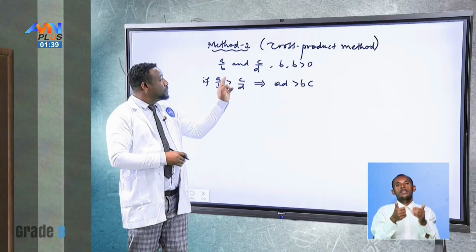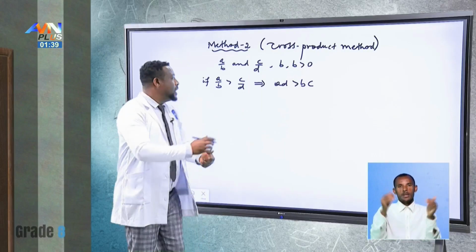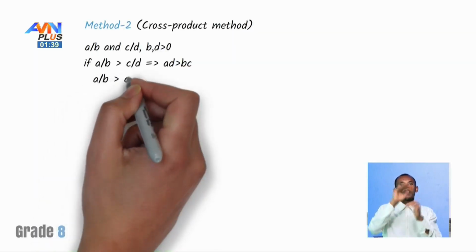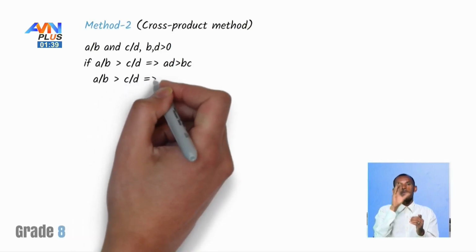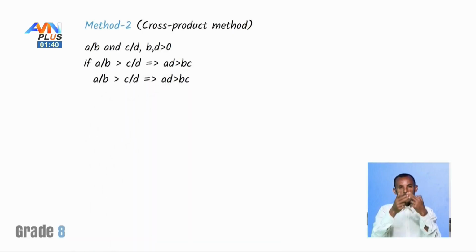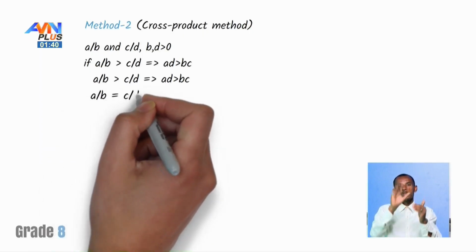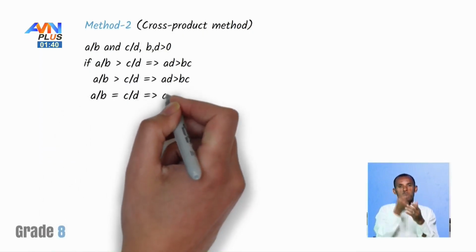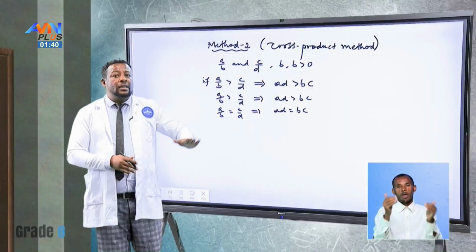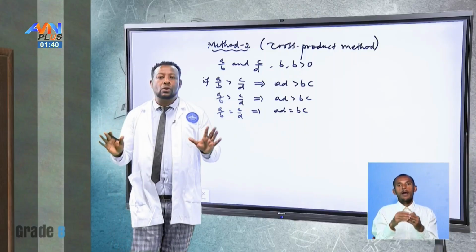If this becomes an equal sign, then the products will be equal. So shortly, a over b is bigger than c over d if and only if a times d is bigger than b times c. And a over b equals c over d if a times d and b times c are the same. I think this is the preferred method in comparing two or more rational numbers.